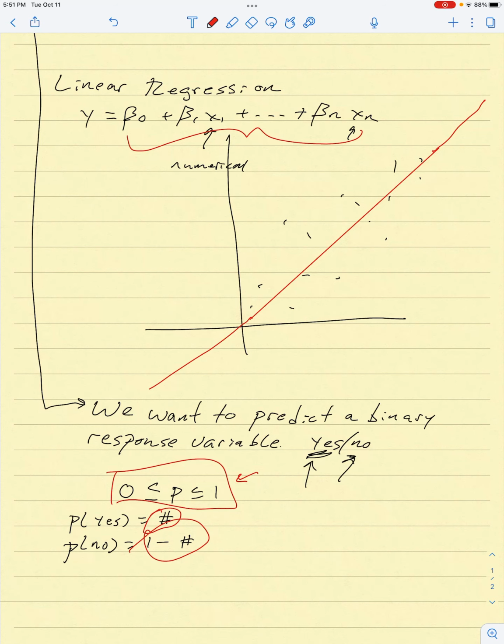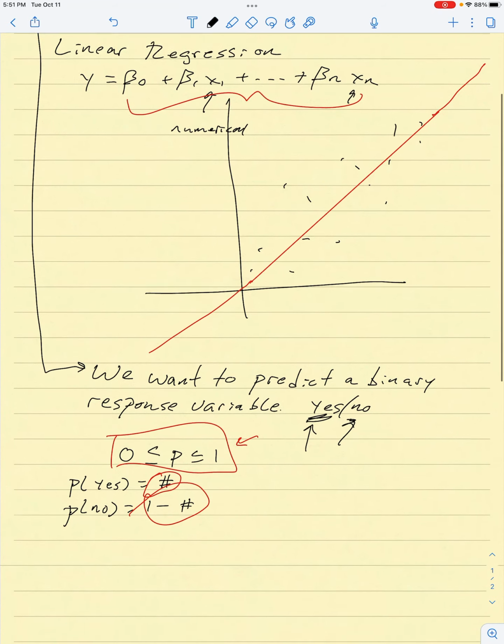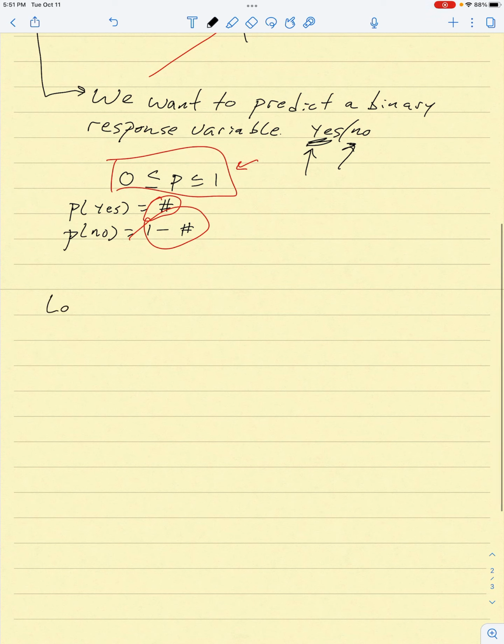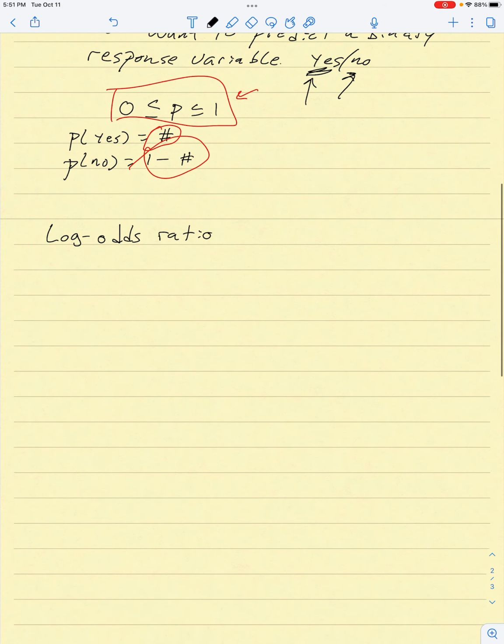Okay, so one way we can do this is we model what's called the log odds ratio. Okay, so the idea is we're going to take the odds ratio, right? And what I mean by odds is, you know, like the ratio of yes to no probability.